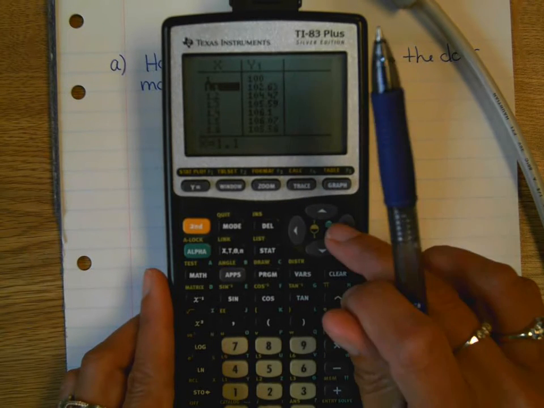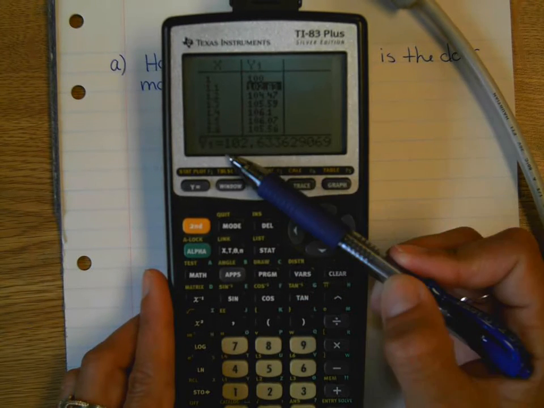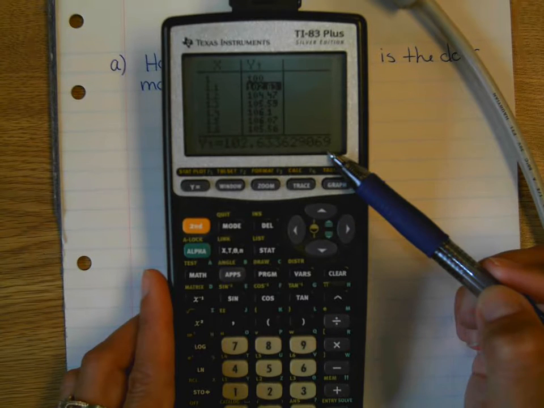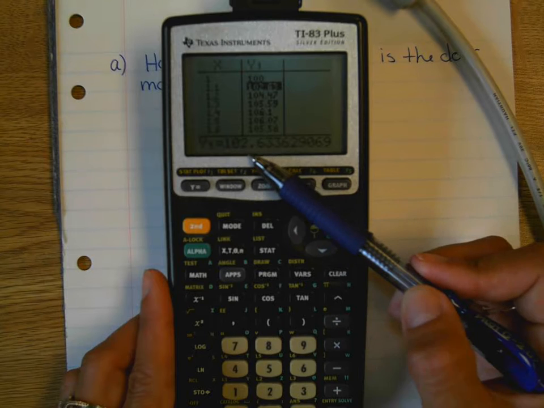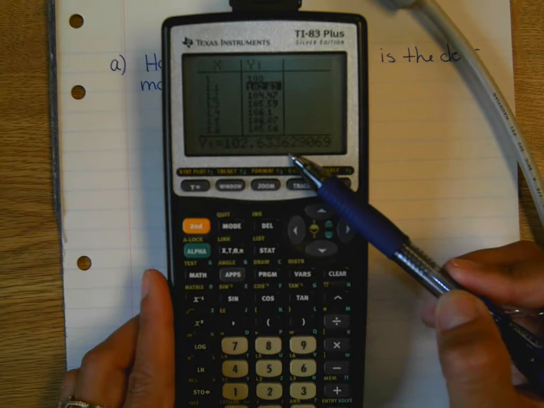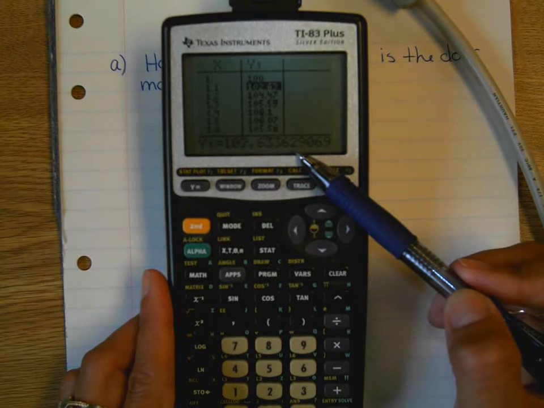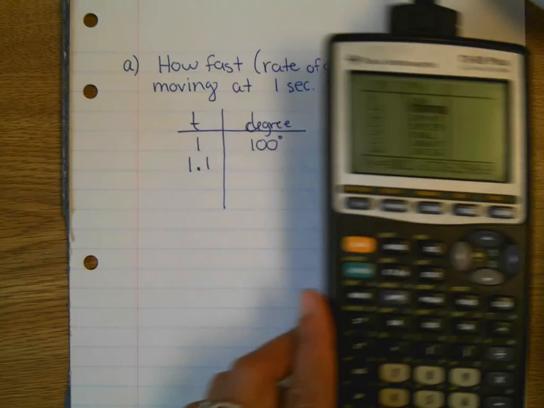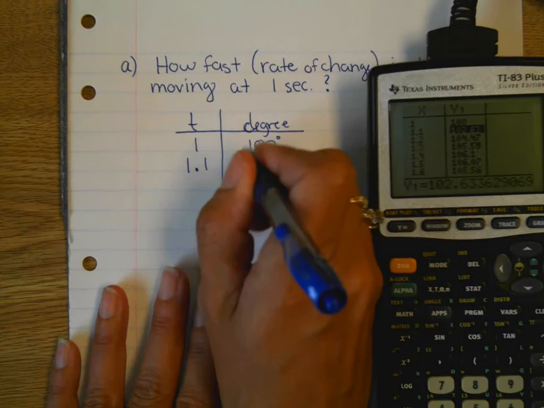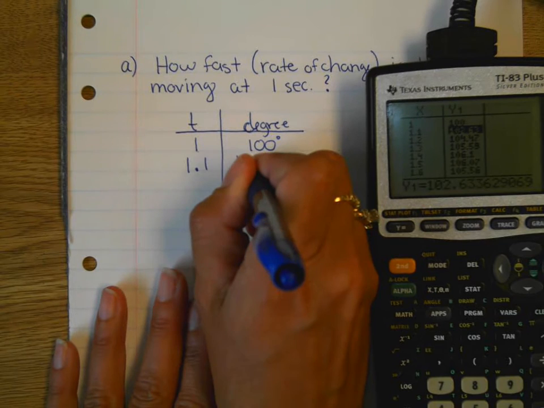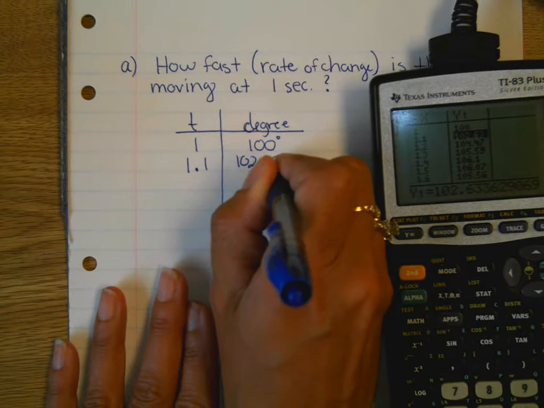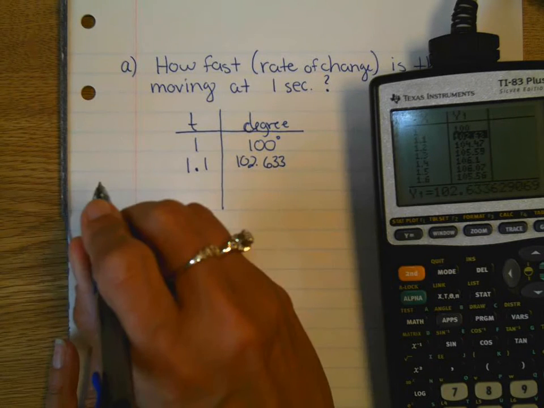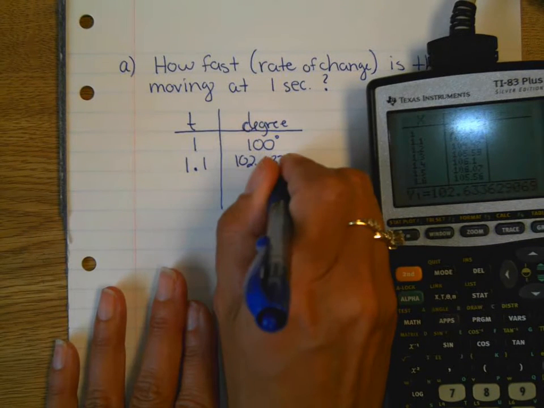But if you arrow over, look at the bottom, you can see the whole value for 1.1. So right now I'm at 102.6336. I'm going to go at least 5 places out on these. So 102.63363 if I round off.